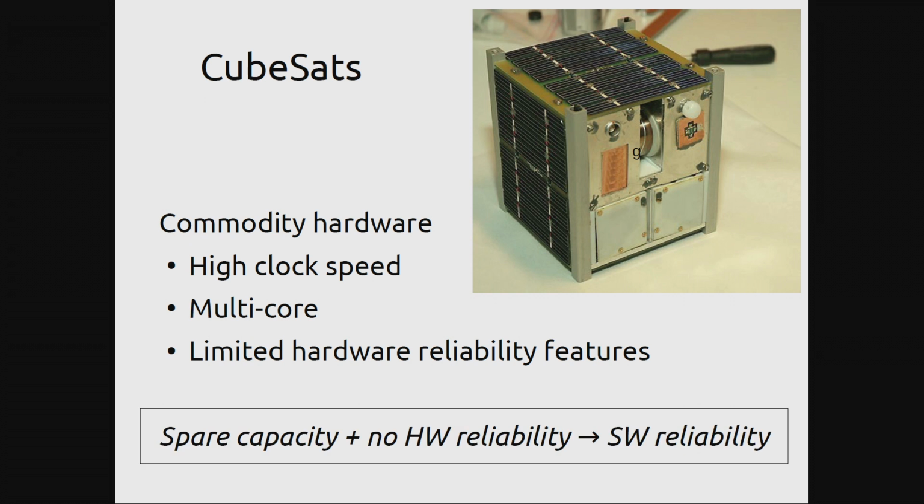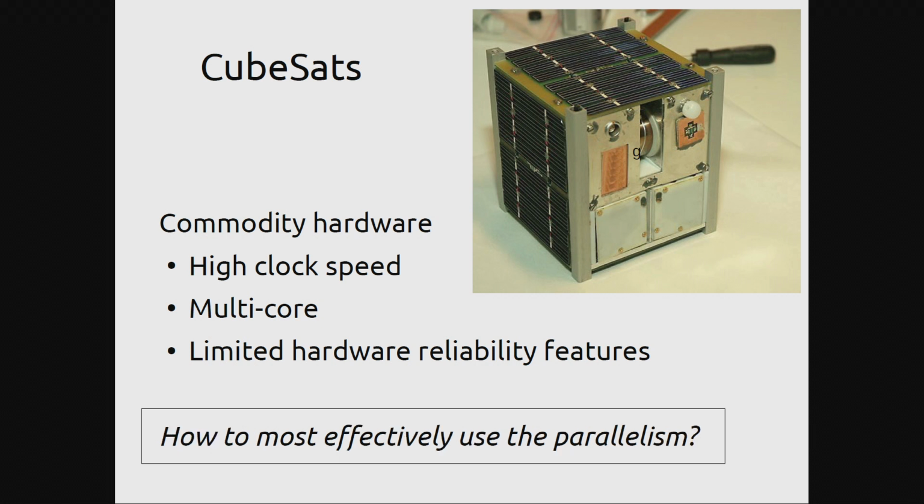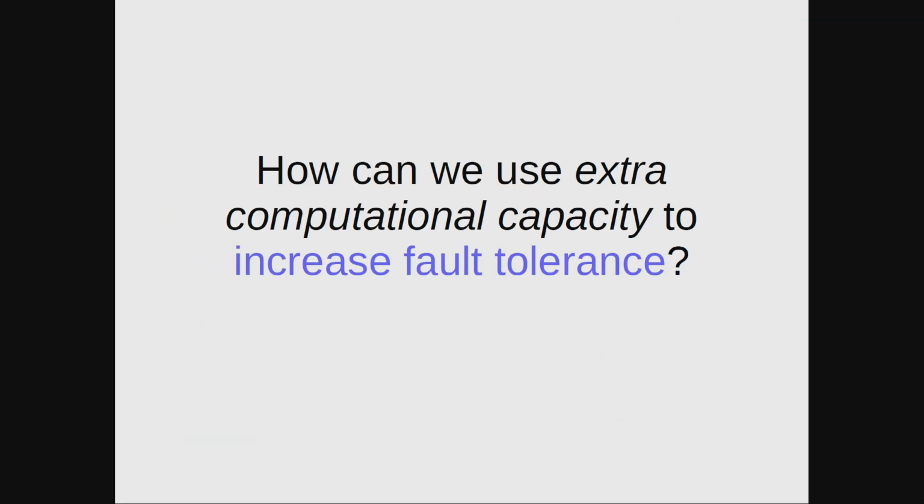Of course, the obvious thing is we have a little bit of spare capacity in the hardware. We don't have hardware reliability. So can we use that to provide some degree of software reliability? And additionally, how can we most effectively use the parallelism? I'm waiting for the 6.6 release so that I can start looking at the SMP support in that, but what I'm looking at is slightly different anyway.